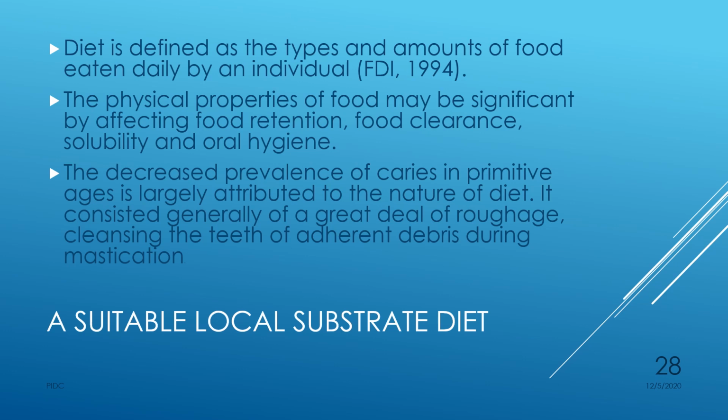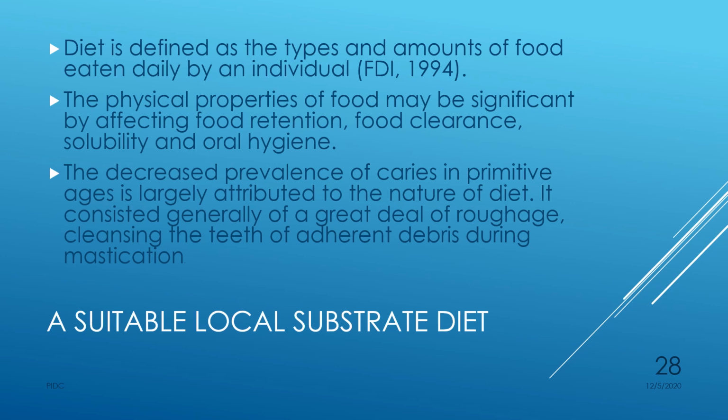A suitable local substrate is diet. Diet is defined as the types and amounts of food eaten daily by an individual. Now we are going on to the third factor, which is diet.